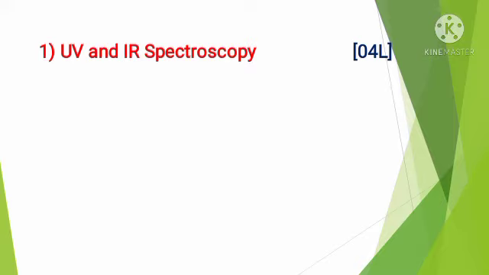UV spectroscopy provides information about the structure of molecules that contain double or triple bonds or conjugation, and IR spectroscopy gives information about the functional groups present in the compound.